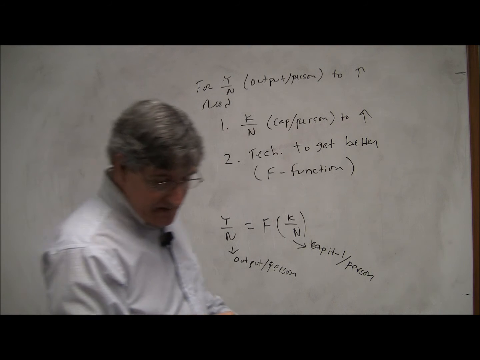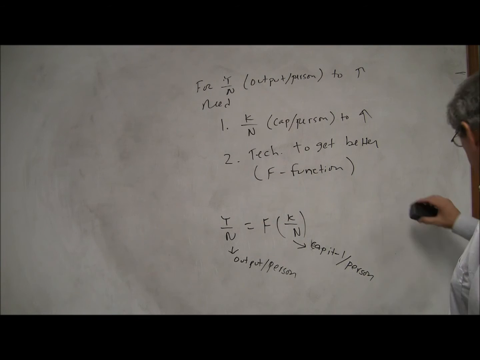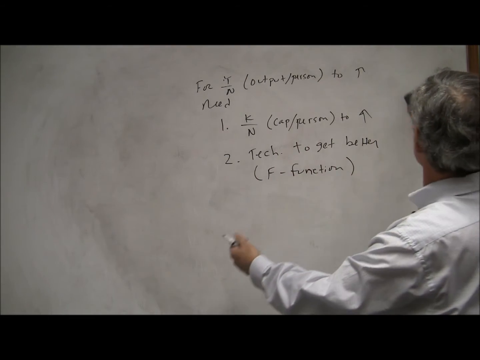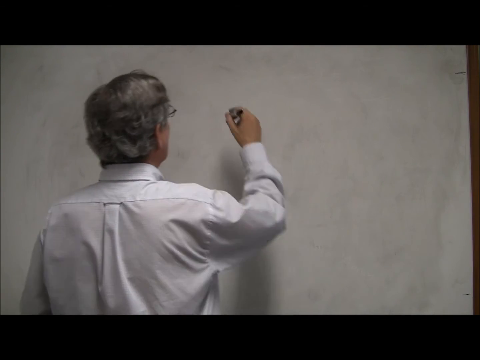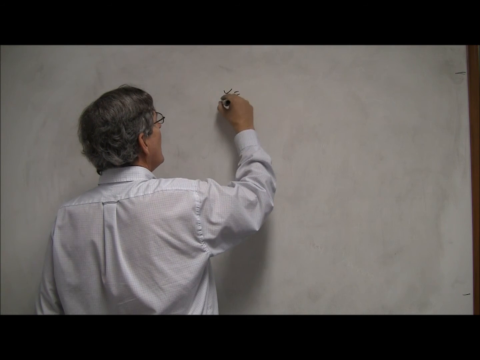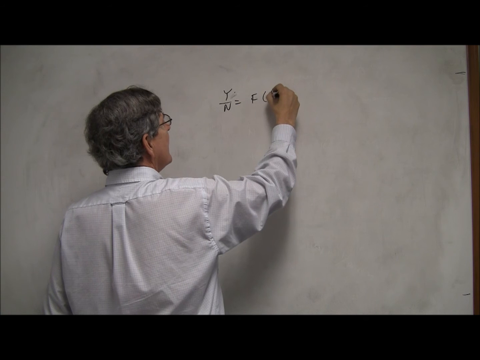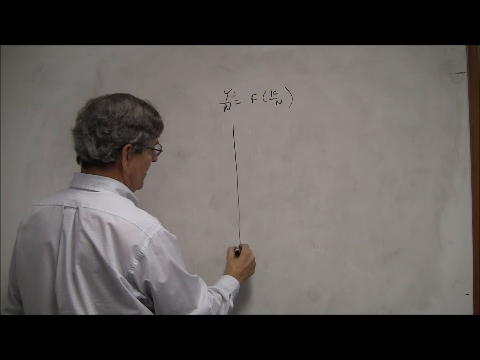If you were to draw this graphically, let me show you what these 2 things are. So let me erase this. I need a little more room. If I were to draw a picture of y over n equals f of k over n and 1, but we don't need to keep track of the 1.